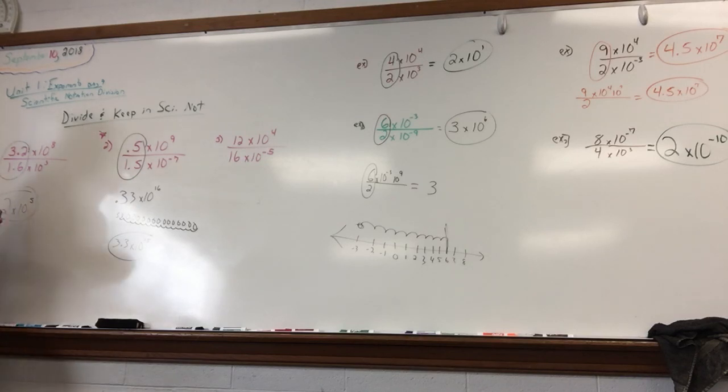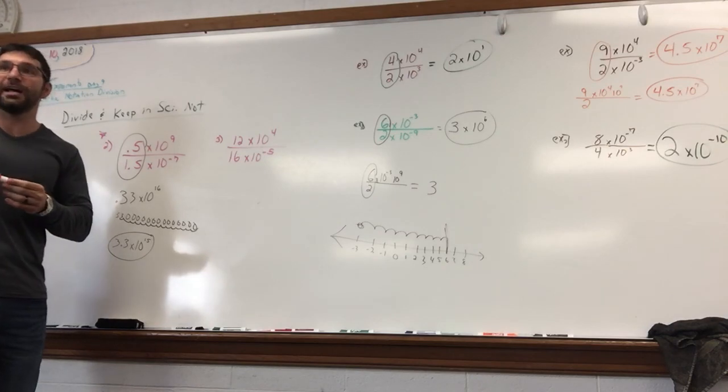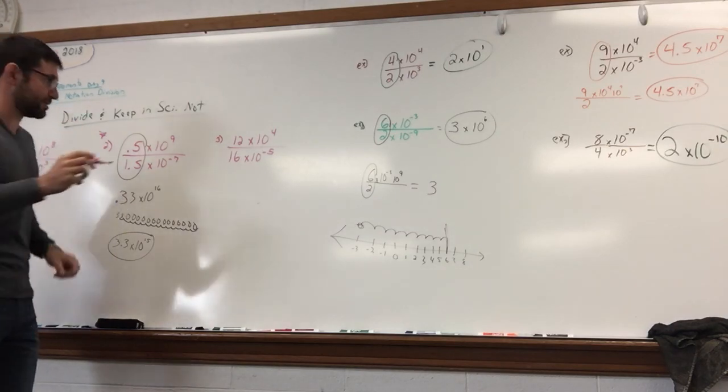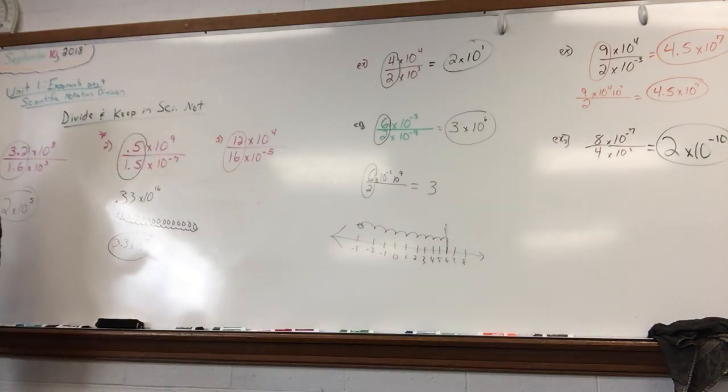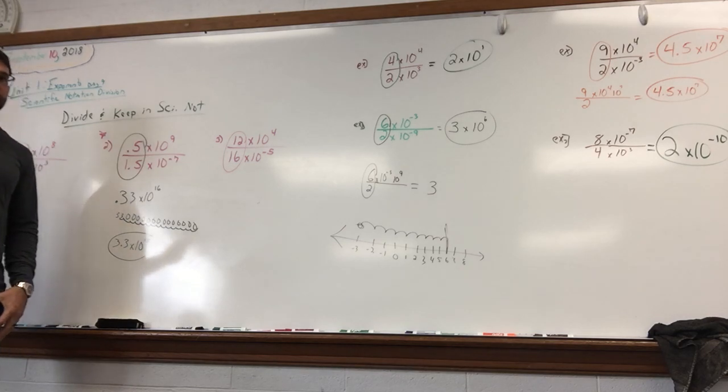Let's see. Number 3. So we're going to divide the coefficients. I need some help. I'm not that smart. B, what's 12 divided by 16? 12 divided by 16 is 0.75.